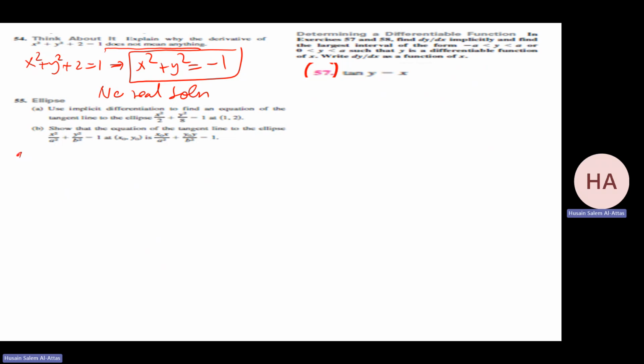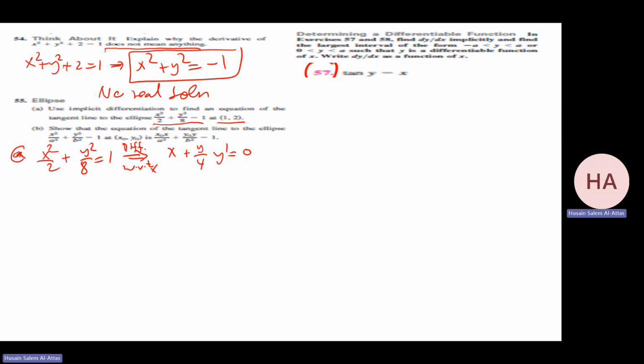Okay, 55, part A. You use implicit differentiation to find the equation of the tangent line to this ellipse at this point. Same idea. So do the derivative. I have x squared over 2 plus y squared over 8 equals 1. Now differentiate with respect to x to get x plus y over 4 y prime equals 0.